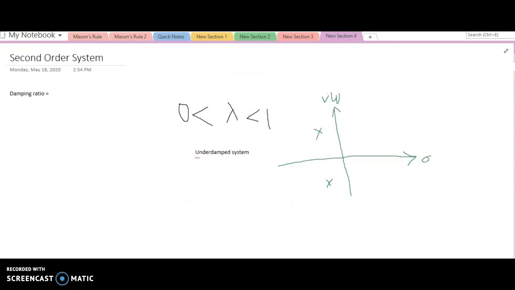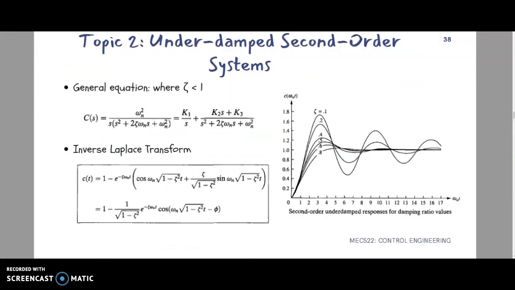So you can get the output equation. How to get this one? You just take the partial fraction and then the inverse Laplace.